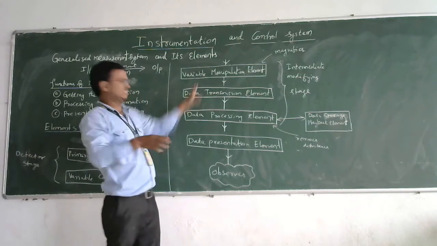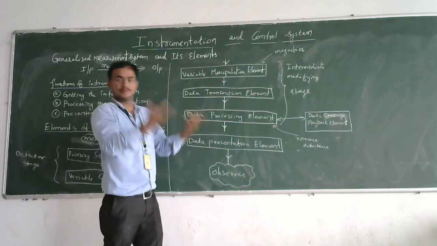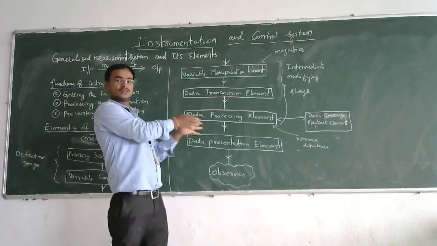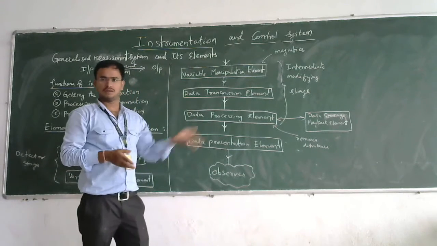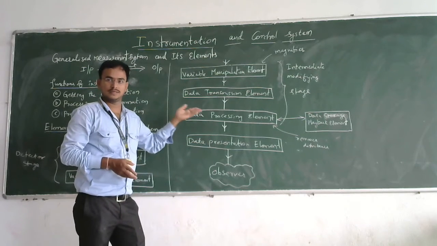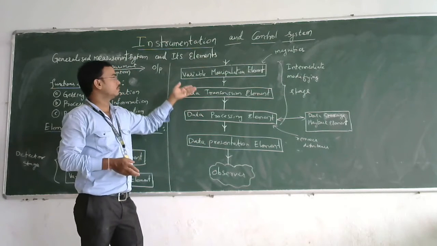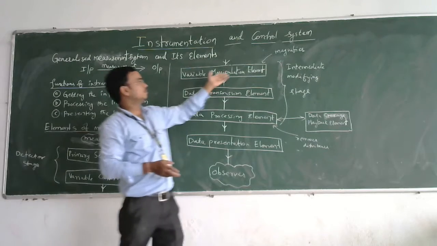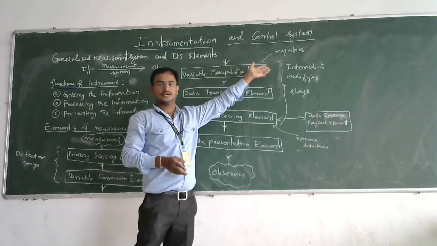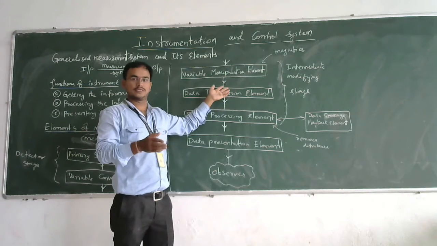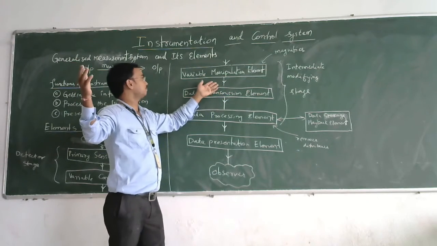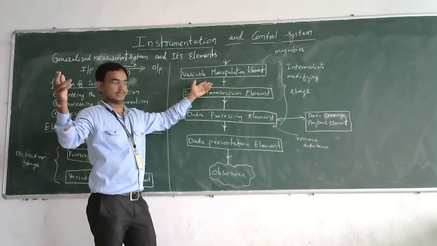These are generalized elements that can be present in an instrument. If necessity is not there, then these things need not be there. All the things need not be there. Now, the variable manipulation element's function is to magnify, to multiply the input signal and to produce a greater signal.